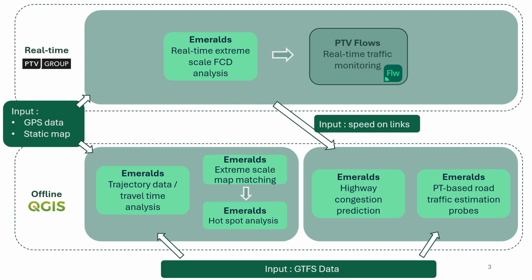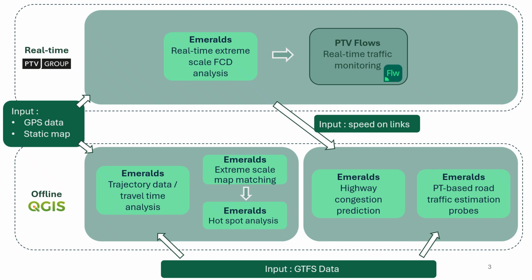The same GPS and map data are also used in the offline component, which include trajectory data analysis, travel time analysis, which also uses GTFS data, but also CMOLD extreme scale map matching, which output is fed into the hotspot analysis.